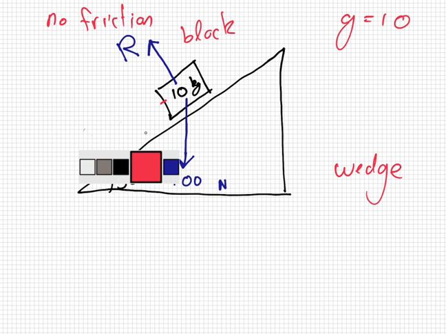Now, what we need to do for this problem is we need to resolve. Do we resolve the reaction force or do we resolve the weight force? The weight force. And we do it like this, that way and that way.